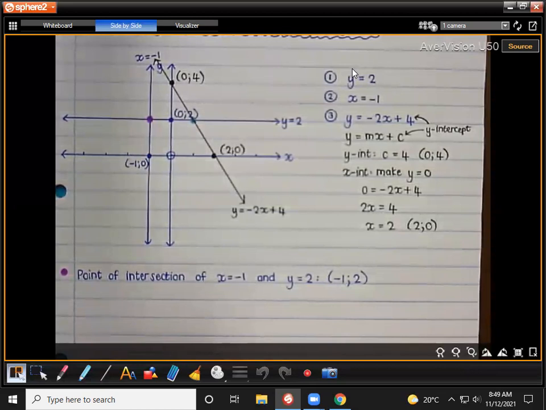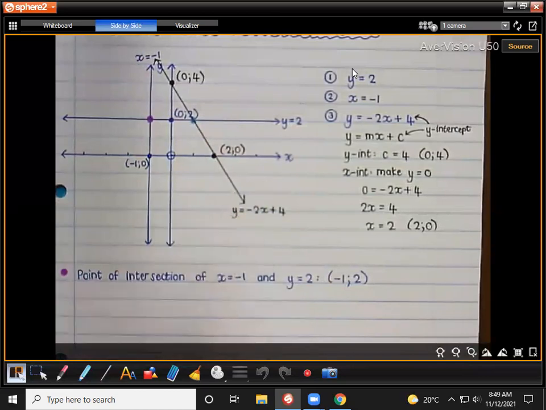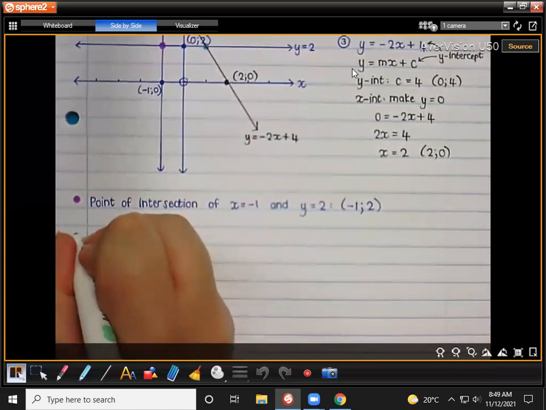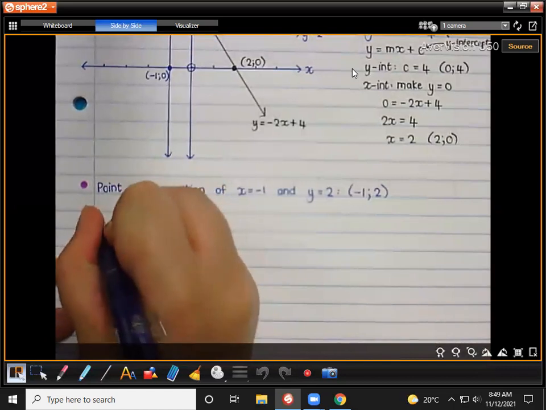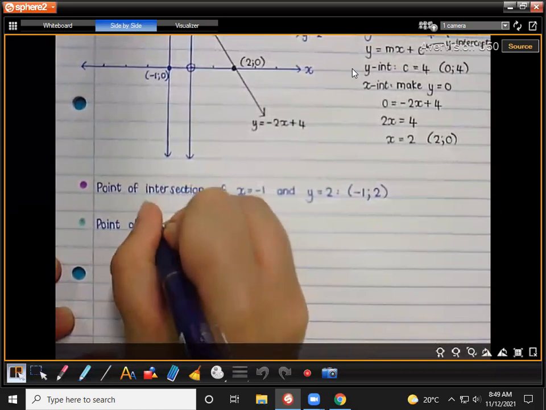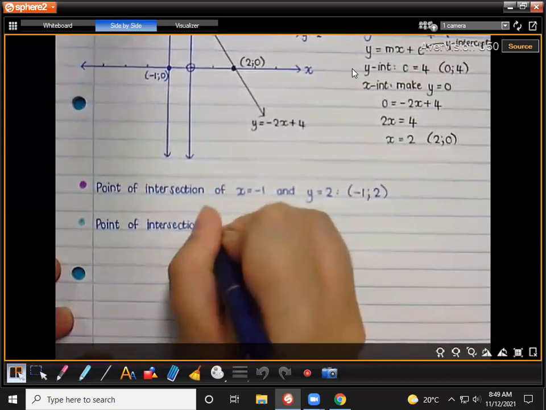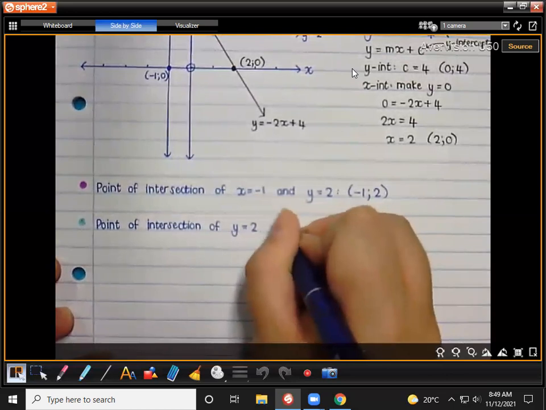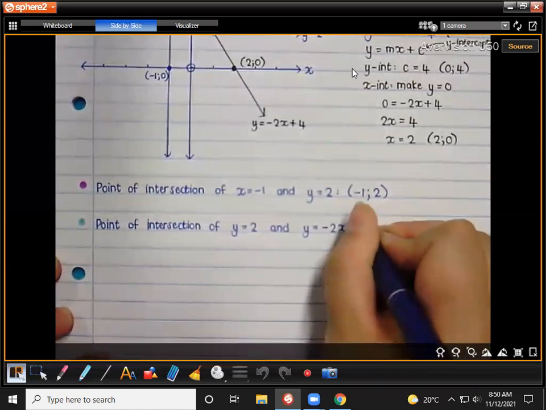All right, what is the point of intersection of y equals 2 and y equals negative 2x plus 4? I'm going to write it here at the bottom. So now I'm using that same color. Of y equals 2 and y equals negative 2x plus 4.